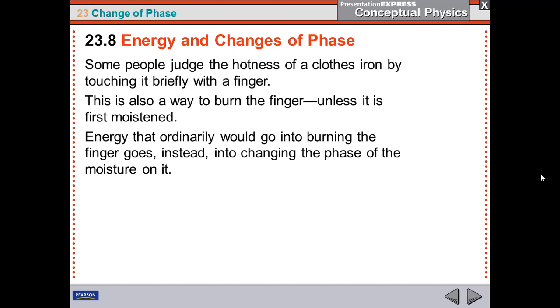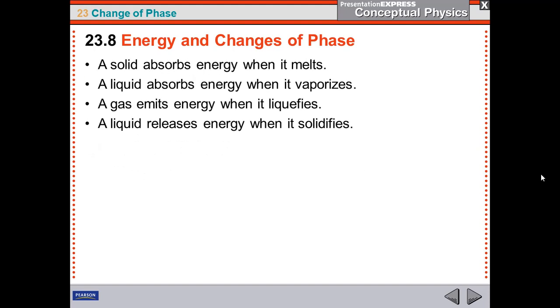If there is any water drop on your finger, definitely there will be no burn, because energy that ordinarily would go into burning the finger goes instead into changing the phase of the moisture on it. Definitely the energy that you give will be taken by the water molecules to evaporate.